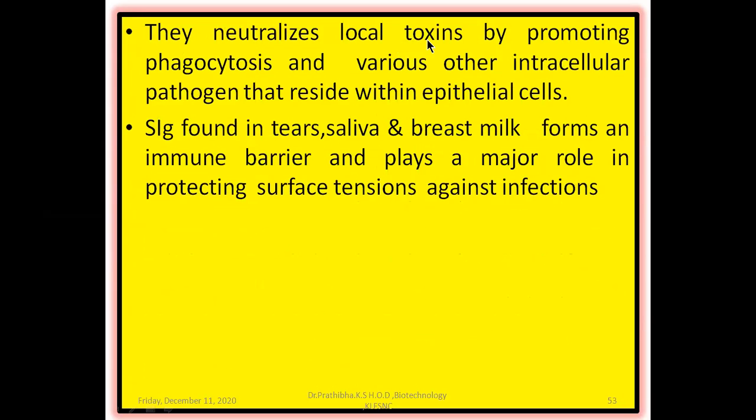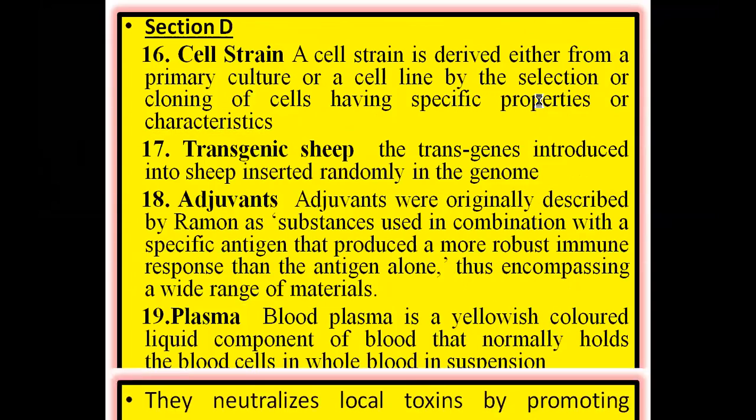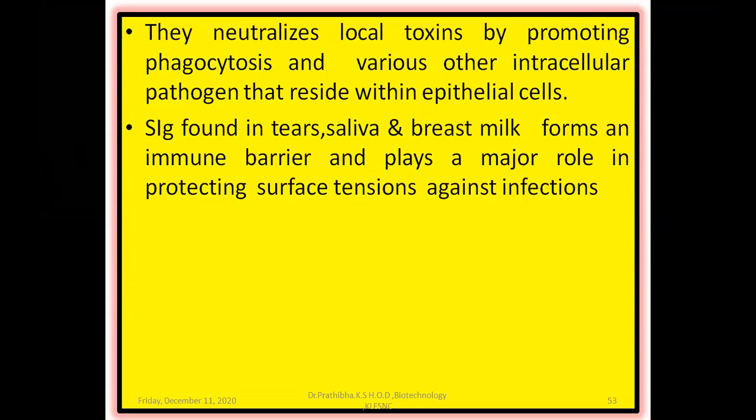They neutralize local toxins by promoting phagocytosis and act on intracellular pathogens that reside within epithelial cells. Secretory immunoglobulins are found in tears, saliva and breast milk and form an immune barrier, playing a major role in protecting surfaces against infection.